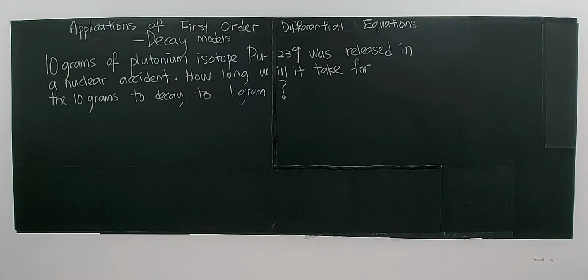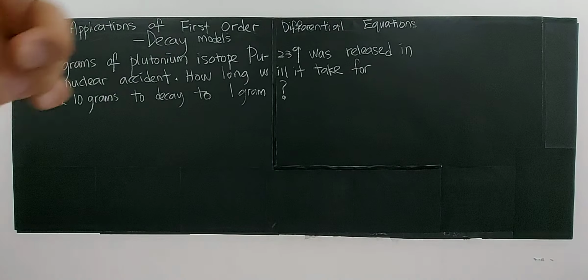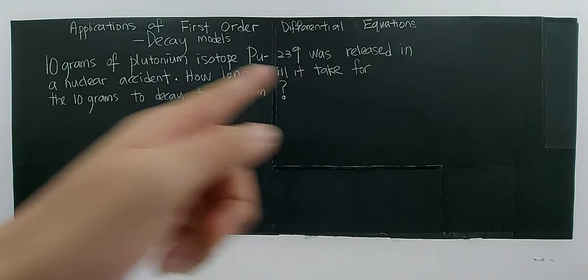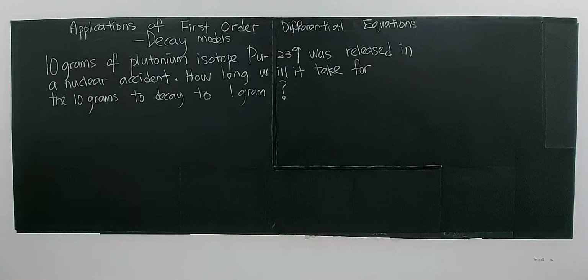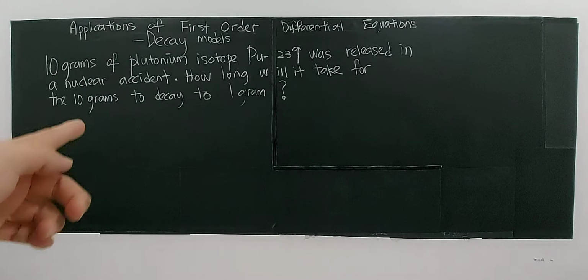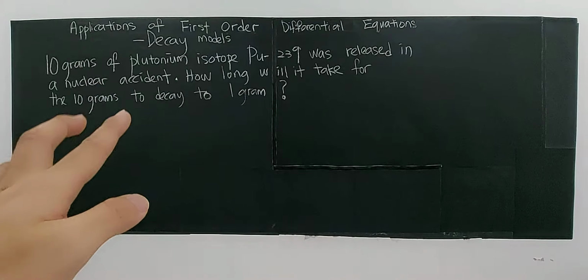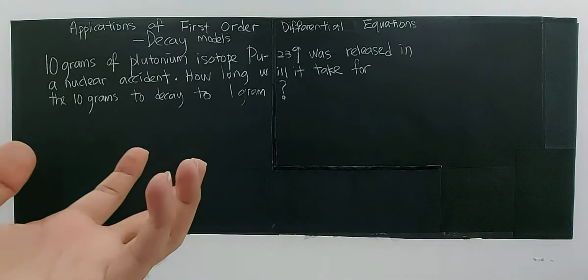Everyone knows that the plutonium isotope is categorized as a highly radioactive substance. Just 10 grams of plutonium was released in a nuclear accident. How long would it take for the 10 grams to decay to 1 gram? It means we want to know how long it takes for 10 grams to reduce to 1 gram.